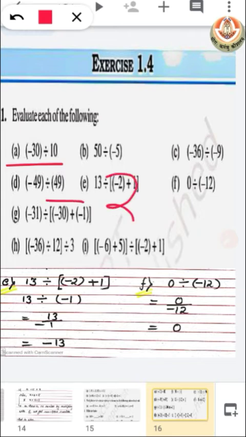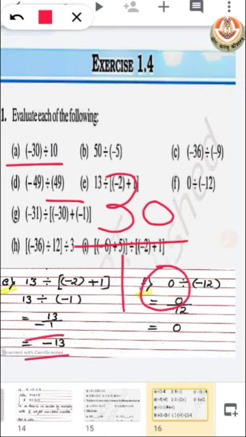We all know that division of one positive and one negative integer will give a negative answer, and 30 divided by 10 will be 3. So, minus 3 is the answer for A.